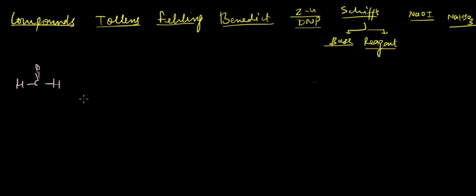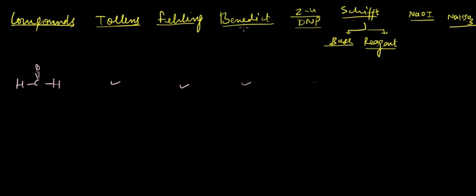Okay, it's an aldehyde. Aldehyde will give positive test for Tollens, will give positive for Fehling, will give positive for Benedict. Okay, for those who are thinking we have not discussed Benedict solution, yes, you are right. We have not discussed Benedict solution and will not go into the details of it.